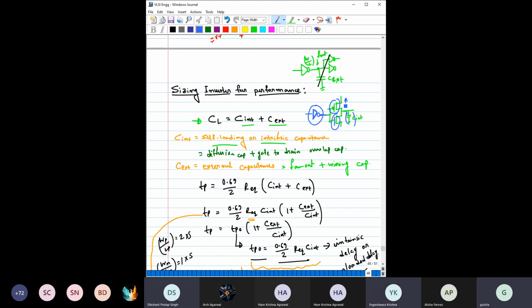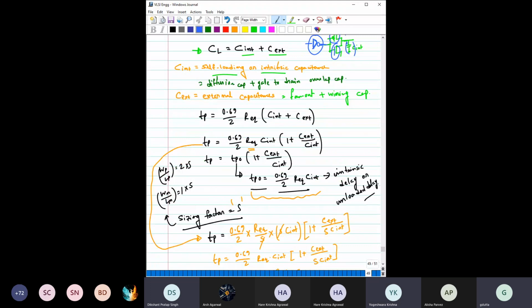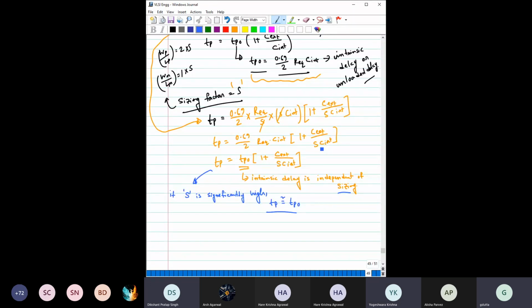So this is another way you can think about it. That is the reason why we cannot increase the size arbitrarily, even though from this analysis we can see that if you make this a significantly high sizing factor, then it is beneficial for the propagation delay.